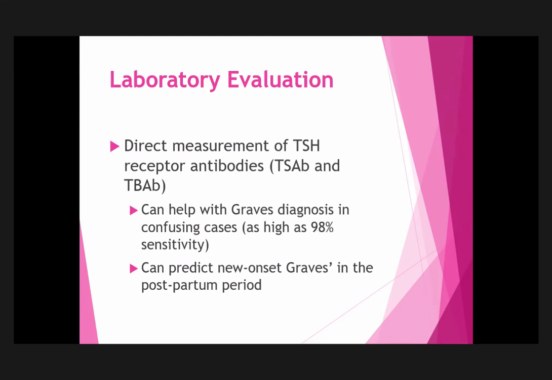They may help you to understand that it is not a nodule, it's not thyroiditis. So, direct measurement of these antibodies, the TSH receptor antibody test. With a positive test, in 98% of cases, it's Graves' disease. High sensitivity. Presence of these antibodies shows that it is Graves' disease. You can confirm that.